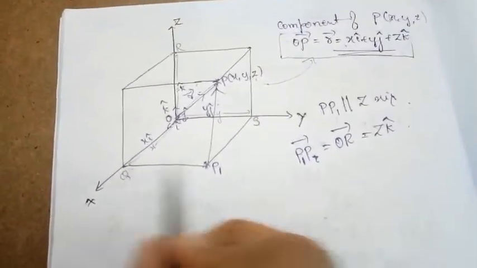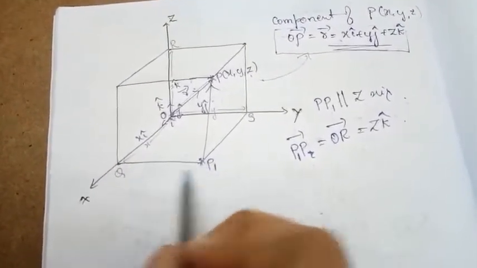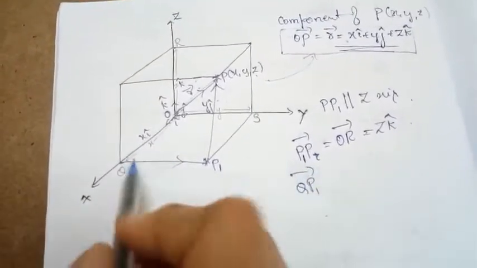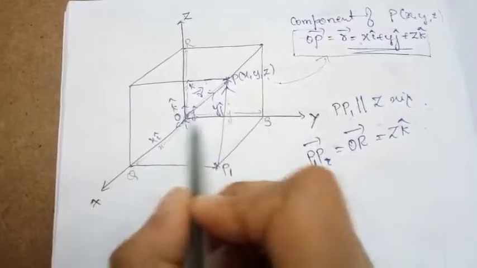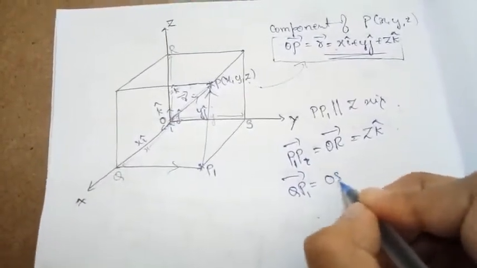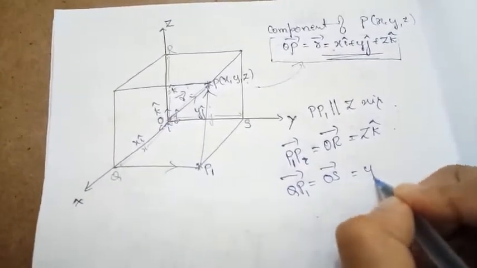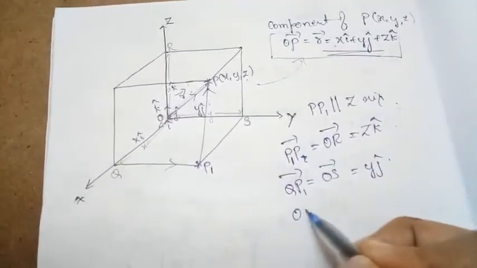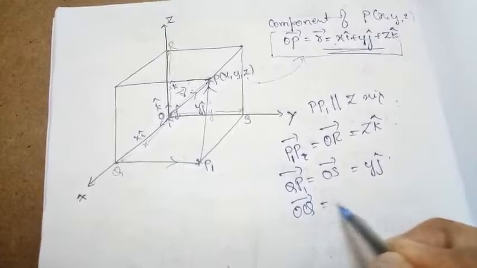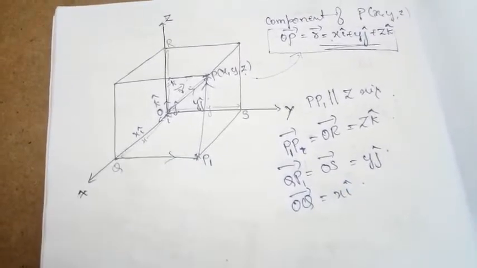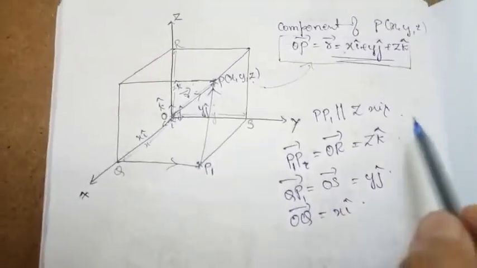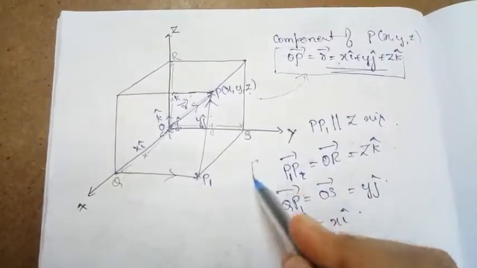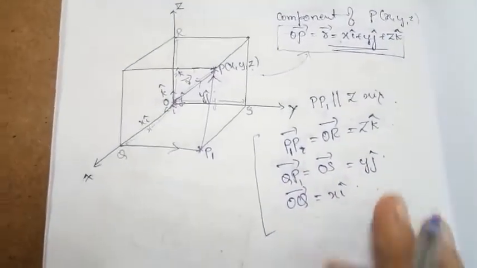Similarly, our vector QP1 is equal to our vector OS, which is y j cap, and our remaining vector OQ is equal to x i cap. By looking at this diagram, we have set up the requirements that we needed.